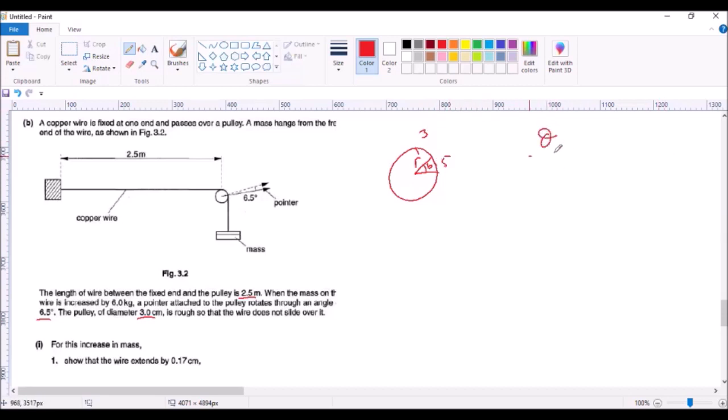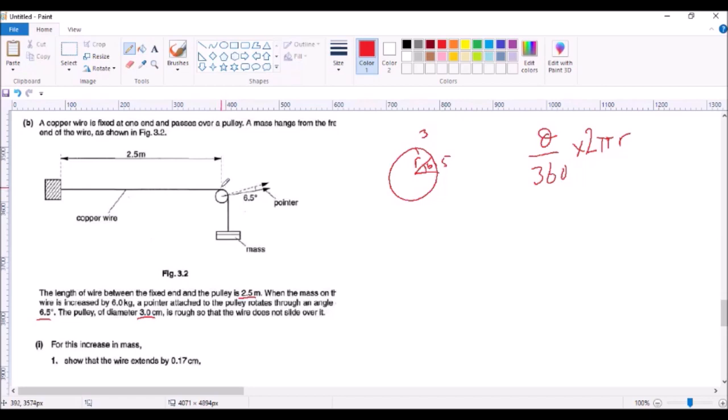We can use theta over 360 times the circumference. How do I turn stuff into radians? I don't think you have to. Theta over 360 is the fraction of 2 pi r, because the circumference is 2 pi r. So what fraction has been turned?